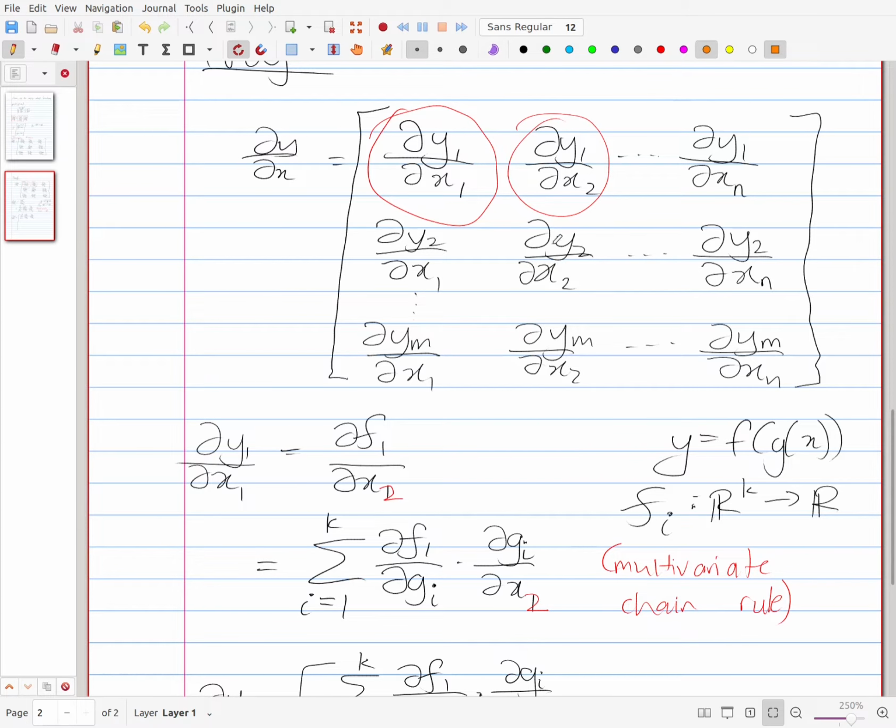And if you're computing the partial of a different component function, say y2, then instead of f1, you replace that with a corresponding number, right? Everything else is the same.